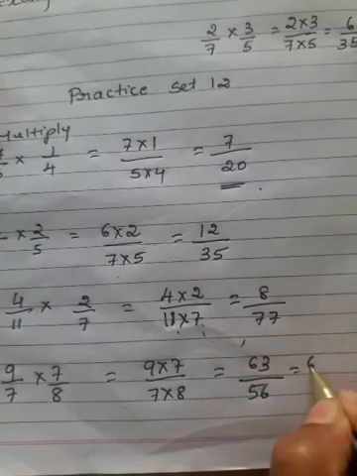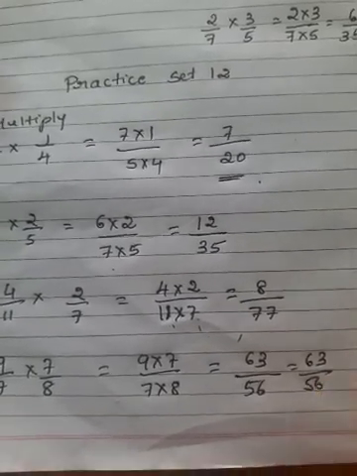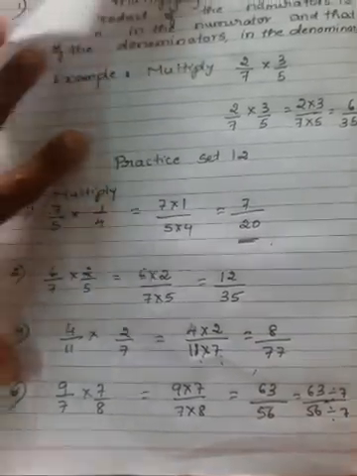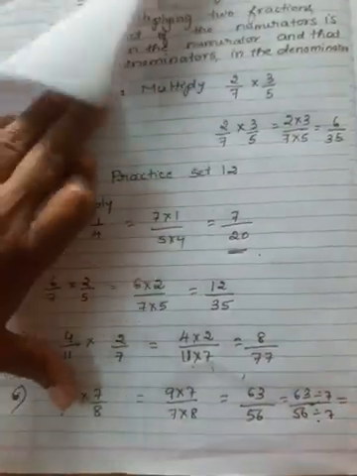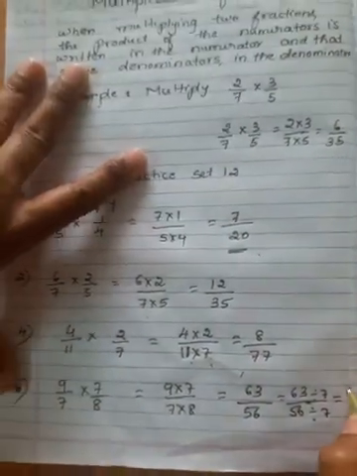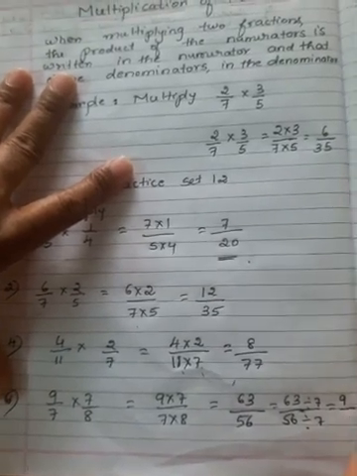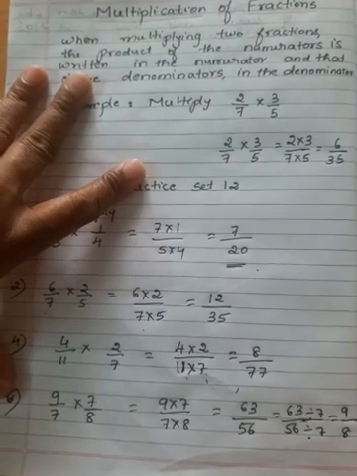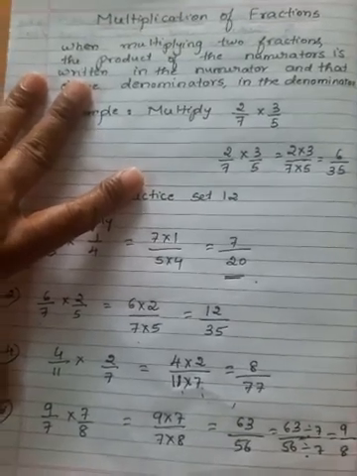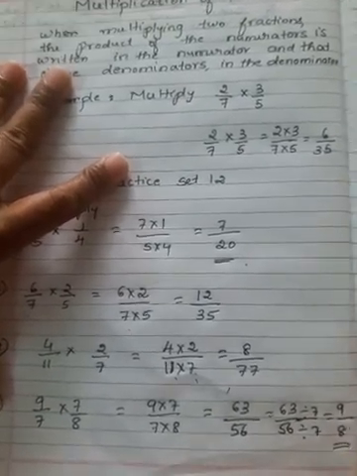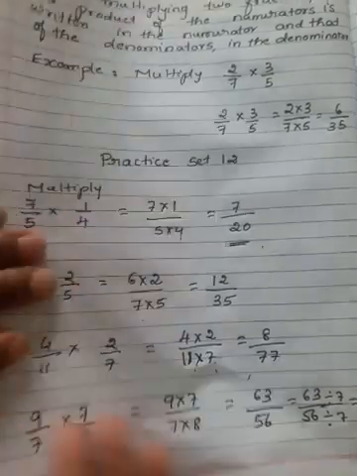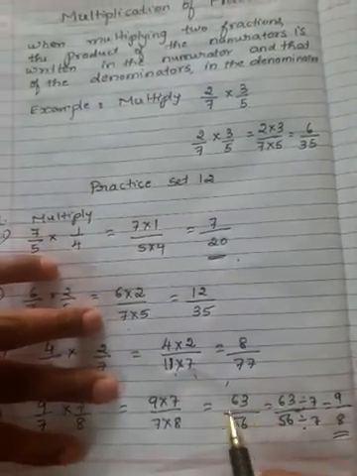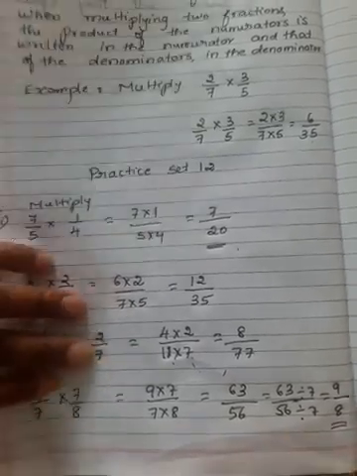So you can divide both numerator and denominator by 7. Now 9 upon 8 we cannot divide further, so this is the answer. Or you can write this also, 63 upon 56, that is also correct.